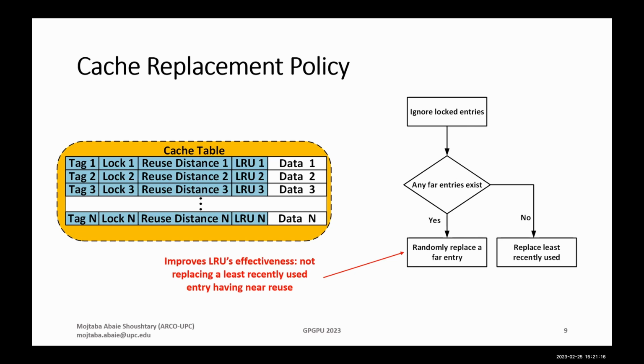And if there is no far entry, we will replace due to LRU. It improves LRU's effectiveness because replacing a least recently used entry can replace a near reuse, and it is suboptimal. By randomly replacing a far entry, if any exists, we improve the effectiveness of this replacement policy.